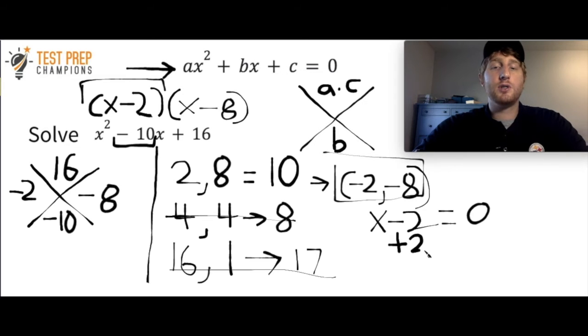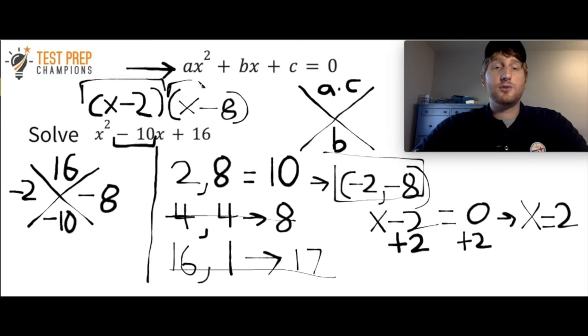And whatever I do to one side, I always have to do it to the other. X minus 2, if I add 2, the 2 is going to cancel out here, because minus 2 plus 2 cancels out, and I have 0 over here on the right-hand side, so if I add 2, I am just going to be left with x equals 2. So one solution of the quadratic equation is x equals 2.